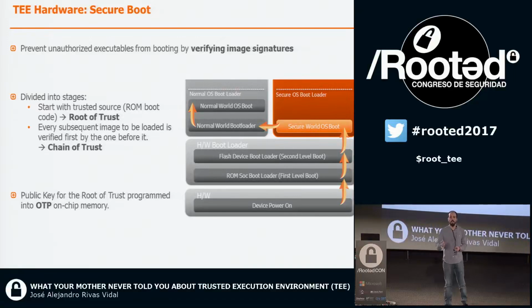And in each stage, we'll need to verify the signature of the image to check its authenticity and integrity. This is not just an exclusive mechanism for TEE solutions. However, it's important to highlight that this is one of the pillars where their security is based.